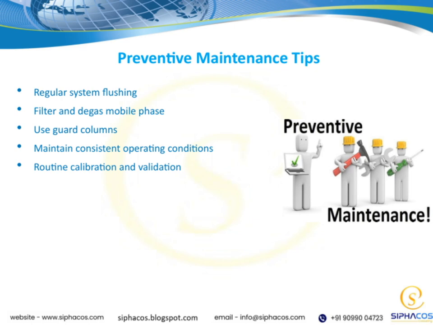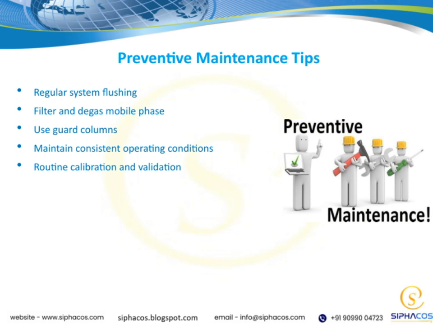Using guard columns is another key point. They act as a protective barrier, trapping impurities before they reach the main column, which ultimately extends the life of our analytical columns. Maintaining consistent operating conditions is also essential. Fluctuations in temperature, pressure, or flow rates can impact our results, so stability is key.